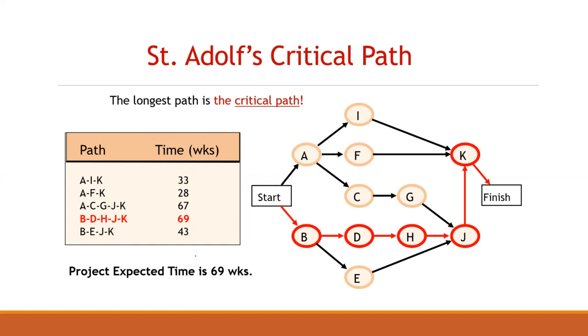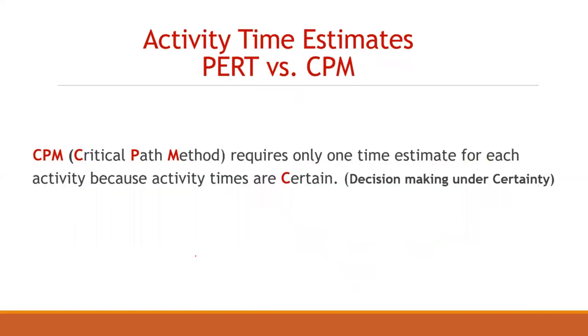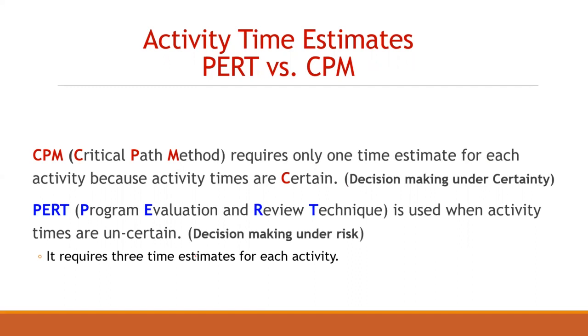Okay, the same can be represented in another way. Before going to that, let us start with the activity time estimates. The critical path method requires only one time estimate, because each activity has a certain activity time, whereas PERT is used when activity times are uncertain.